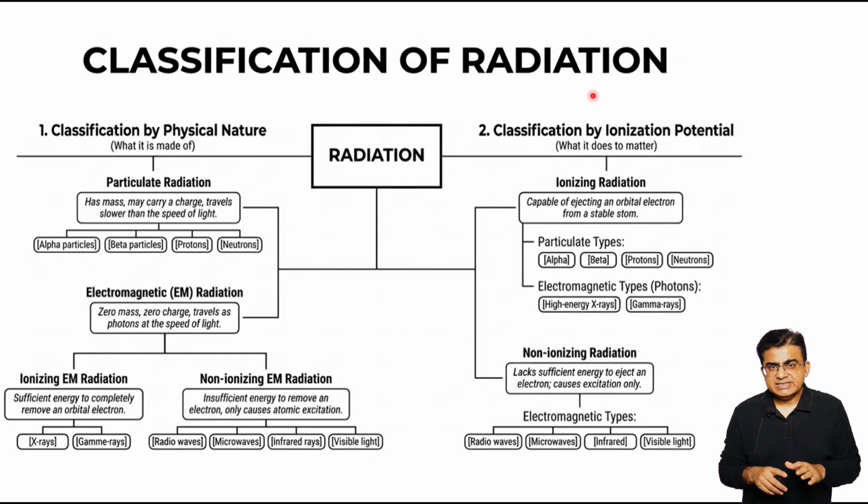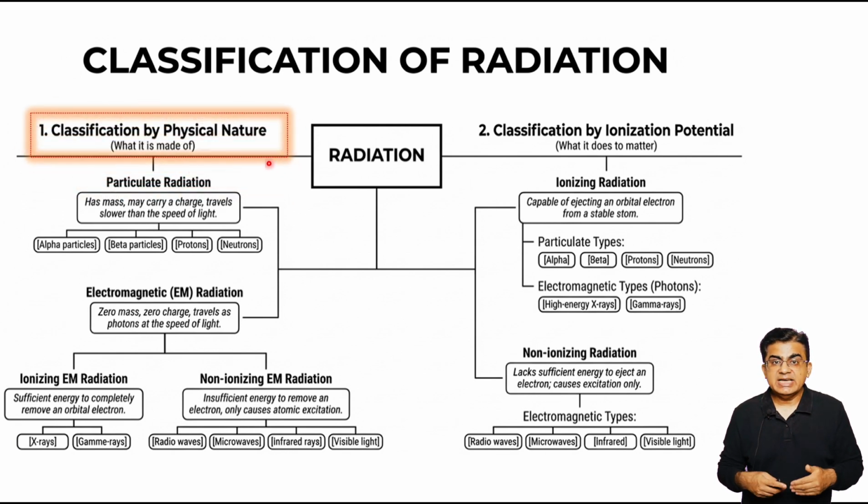We can categorize radiation in two simple ways. Each way then has further sub-classifications. The first way to classify radiation is based on its physical nature. Physical nature means what radiation is actually made of.